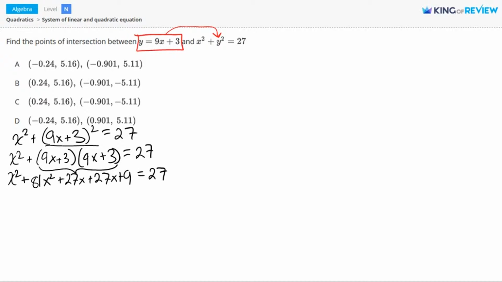Now let's combine like terms. I have 82x squared plus 54x plus 9 equals 27.